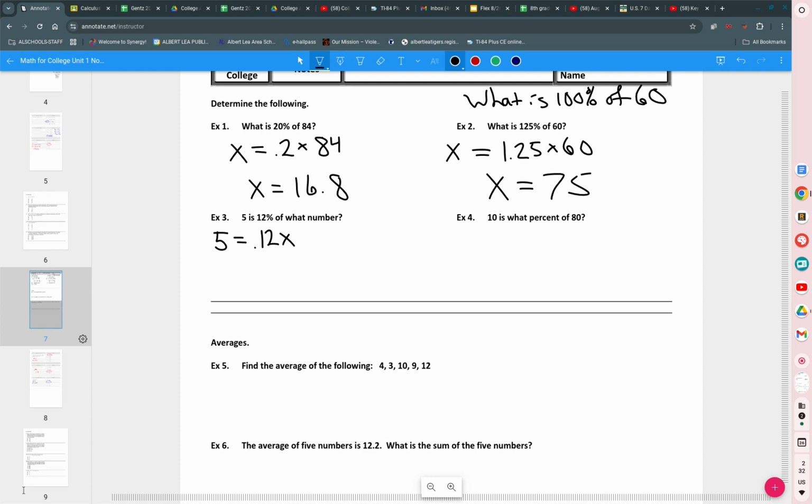I'm going to solve this equation by solving for x, which means I divide both sides by 0.12. So on my calculator, I take 5 and divide it by 0.12, and we get x is equal to 41.6 repeating. Try example 4 on your own.